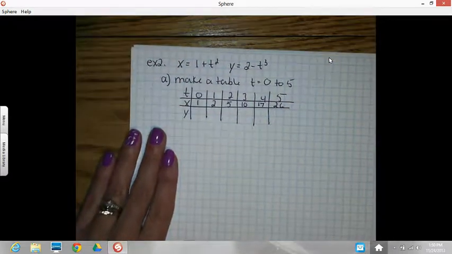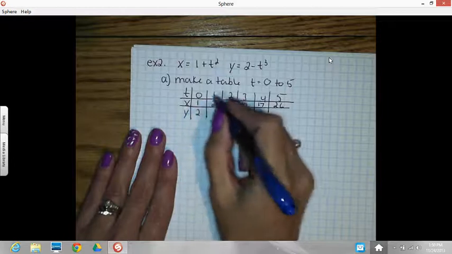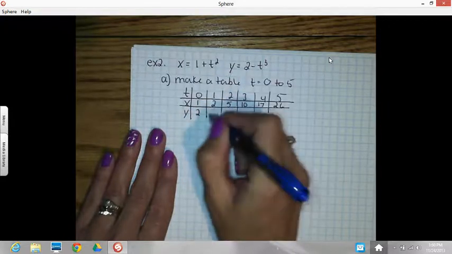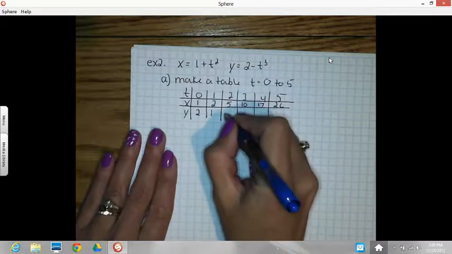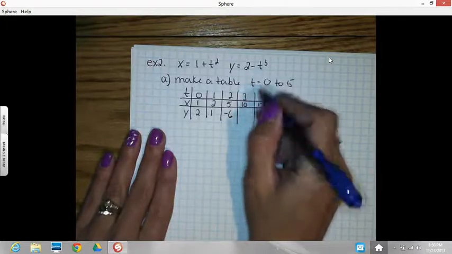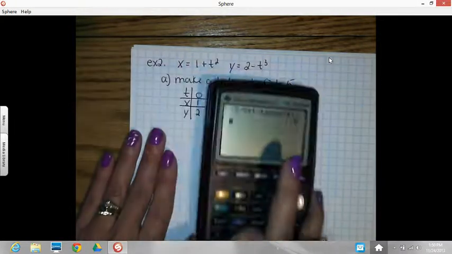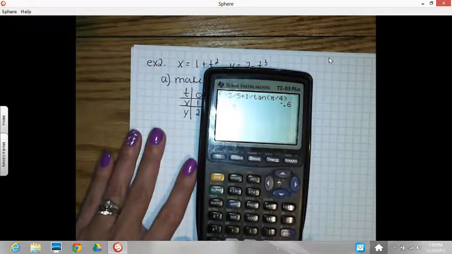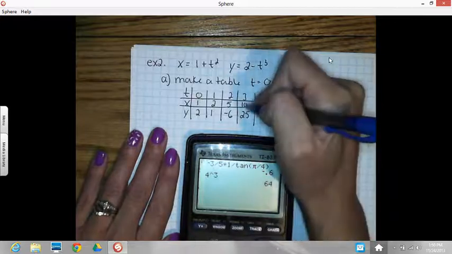Okay, t cubed, 0 cubed is 0, so that's 2. 1 cubed is 1, 2 minus 1 is 1. 2 cubed is 8, 2 minus 8 is a negative 6. 3 cubed is 27, 2 minus 27 is negative 25. I think 4 cubed is 64.